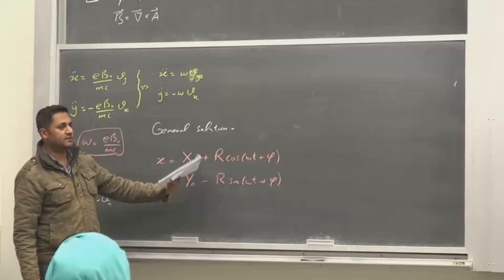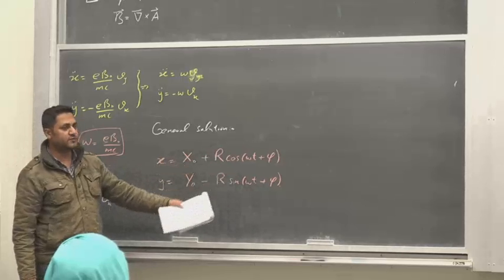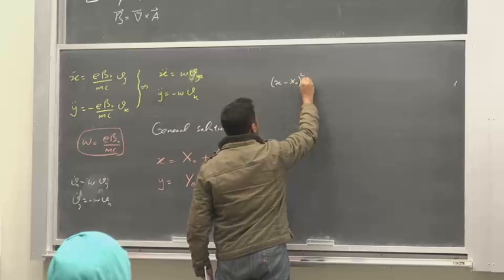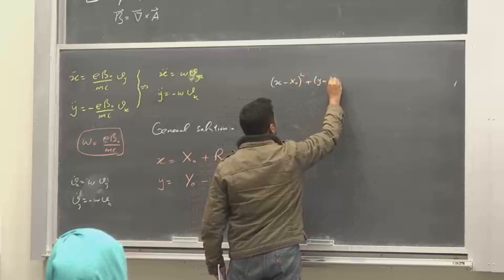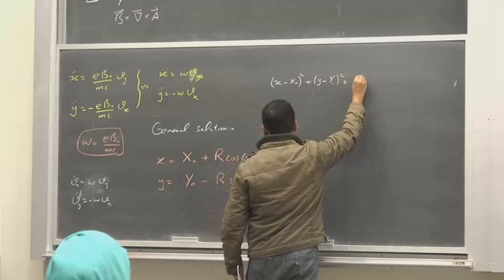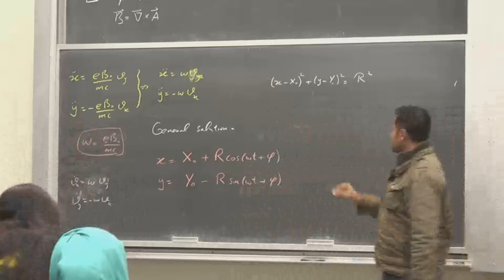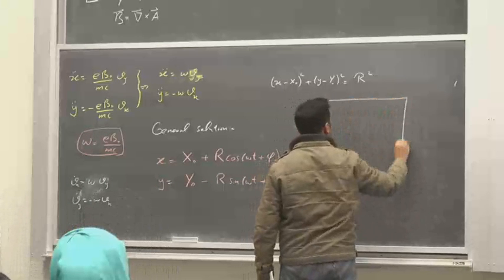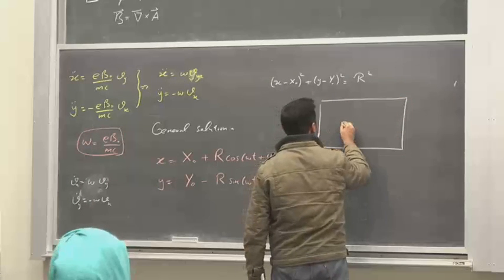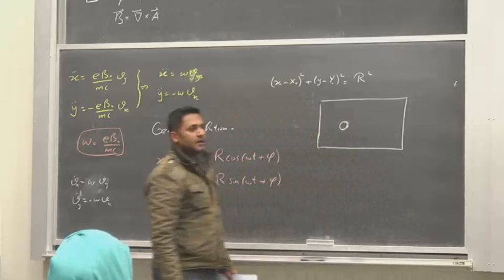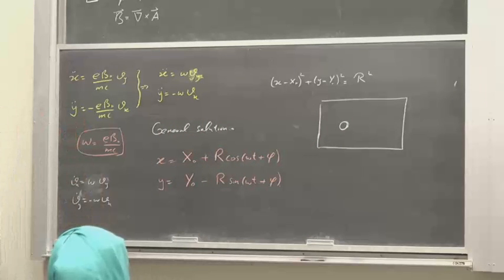So x minus x naught squared plus y minus y naught squared is r squared. So what you have is that in this lab, the electrons are moving in circles because of the application of the magnetic field.